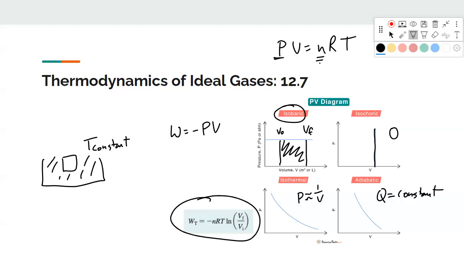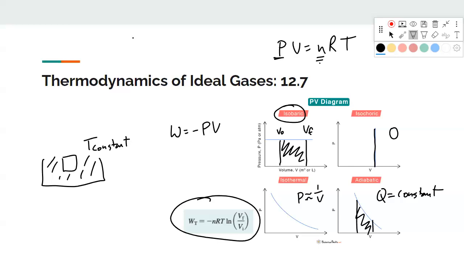And you can see that because there's some area under this diagram. So there's a potential for work in an adiabatic process. And the way that you would make one of these happen is you would surround your system with an insulating material. Okay, so if you surround your system with an insulating material, it's unable to give energy thermally to its surroundings. And so the only thing it can do to change its internal energy is work, right?